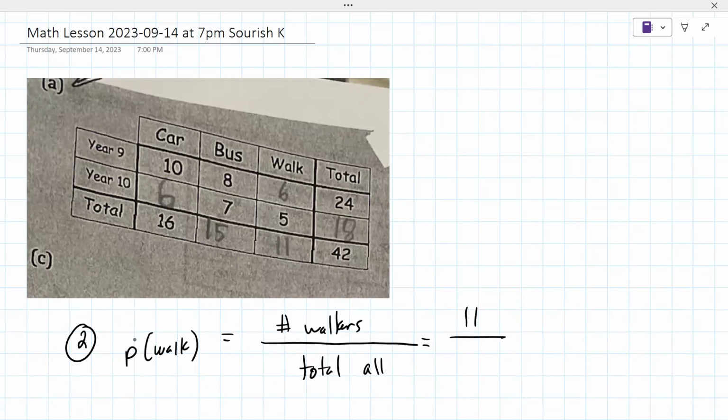And that's for the total of all. Total of all is going to be 42. Oh wait, no, 24. Sorry about that. Okay, that's fine. 11 over 42. Yep, that's what it is. 11 out of 42, and then that's going to be the fraction. Good. That's it.